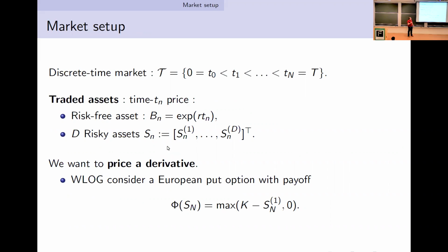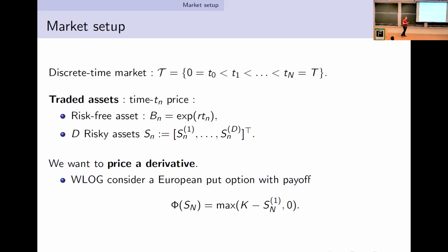So the first one is a risk-free asset, which we assume grows exponentially at the deterministic risk-free rate. Of course, we could have a stochastic interest rate, that can be done too, but for simplicity, let's assume a constant, deterministic risk-free rate. And we can assume we have risky assets that can be traded. So for example, these can be underlying assets of the options, they can be other options, etc.